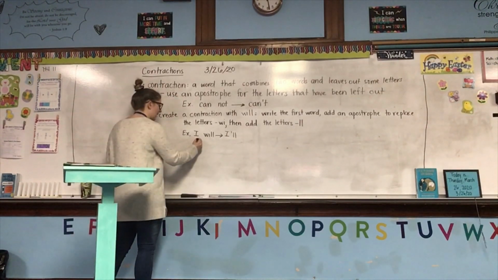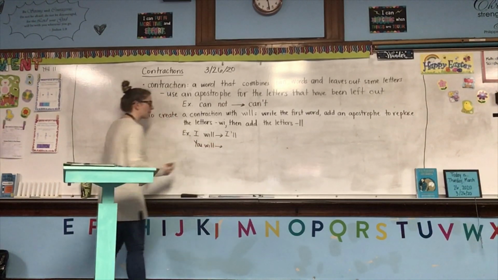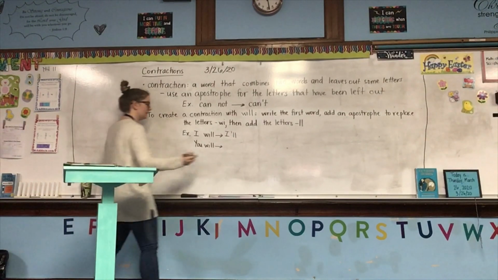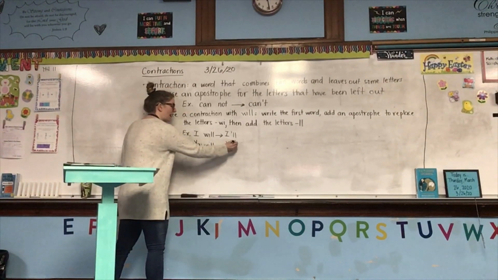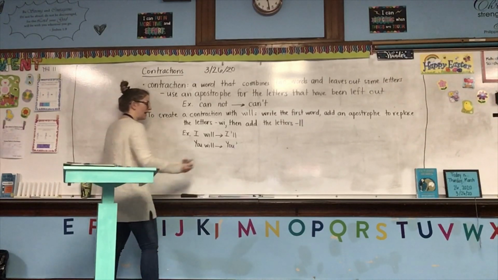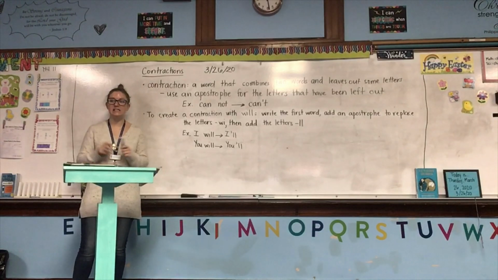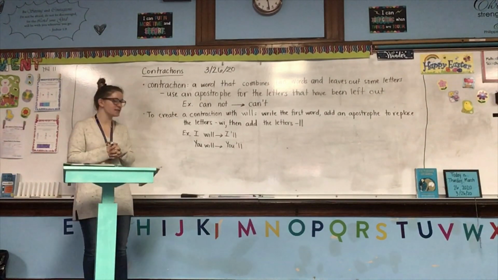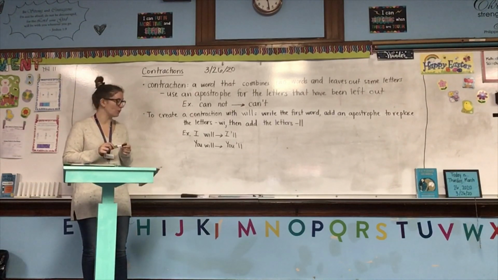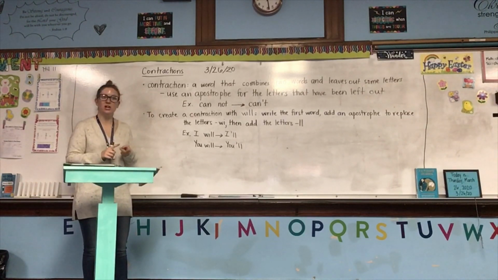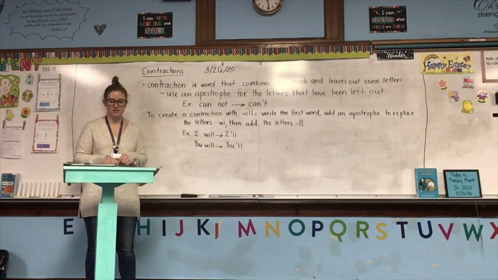If we wanted to say you will, you would write the first word, add the apostrophe to replace the W-I, and then add the LL. And that goes anytime you want to create a contraction with the word will, no matter what the subject is: you write the first word, add an apostrophe to replace the letters W-I, and then add the letters LL.